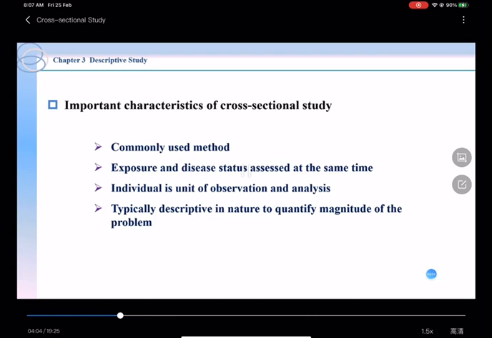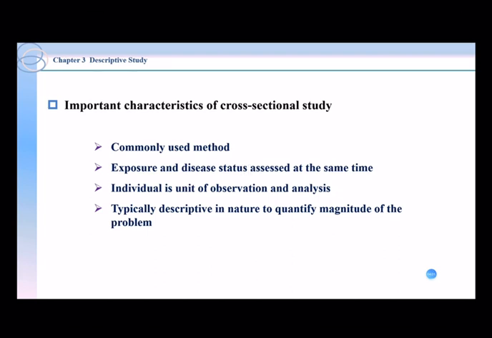So here are some important characteristics I would like to stress. First, cross-sectional study is one of the most commonly used methods, especially during COVID-19, because it's very fast, rapid and time-saving, so people can do this in a very quick manner. Another important characteristic of this study is that exposure and the disease state are assessed at the same time, which is different compared to other observational studies like case control and cohort study.